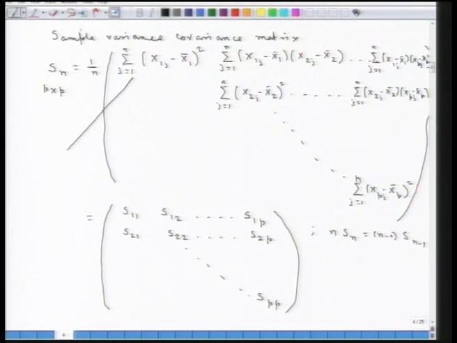I'll just write it out here, that this entry we can write as summation x1j square minus n times x1 bar square. So all these entries similarly can be written like this. Say for example, the 1/2th element here can be written as summation x1j x2j minus n times x1 bar into x2 bar. So keeping that in mind, we can write this particular matrix in two parts.